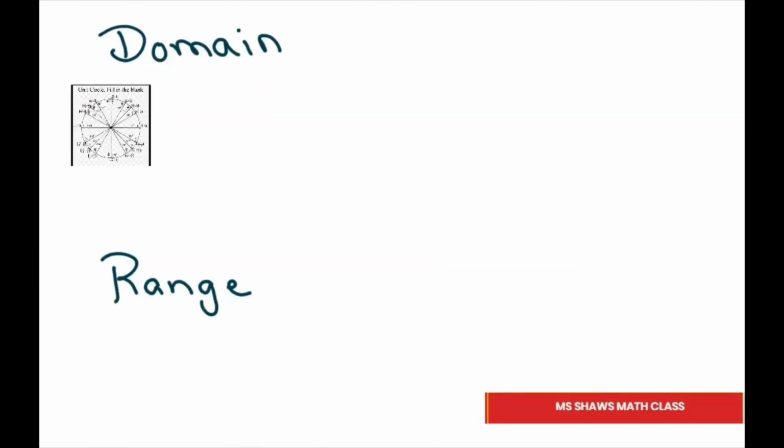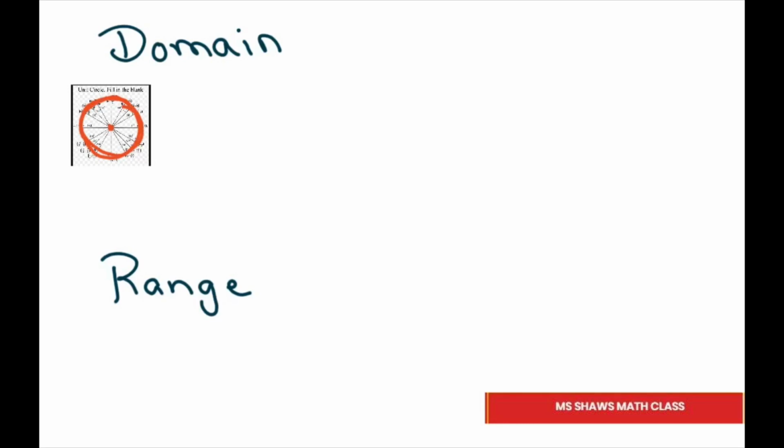Okay, and then lastly, we're going to talk about domain. Now, your domain is going to be all real numbers. That's because your angles, when you're going around, it goes around in a circle. So it keeps going around and around. So you can have an infinite number of angles.